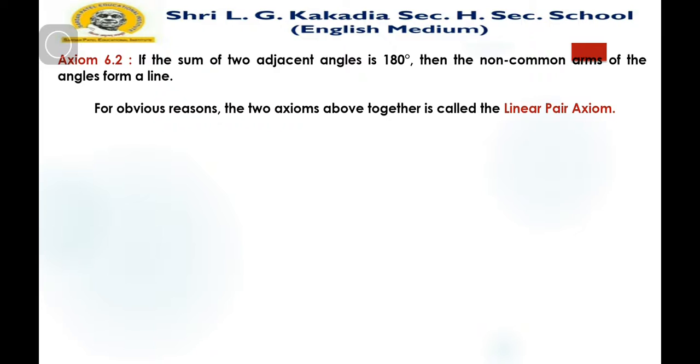So we remember that if two non-common arms stand on a line, then the sum of these adjacent angles is 180 degrees. Conversely, if the sum of two adjacent angles is 180 degrees, then the non-common arms of the angles form a line.